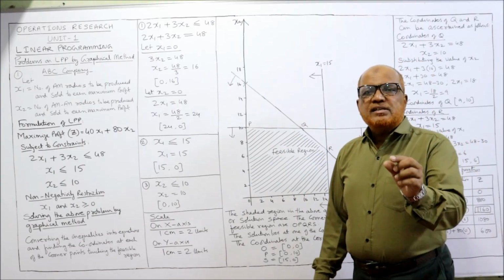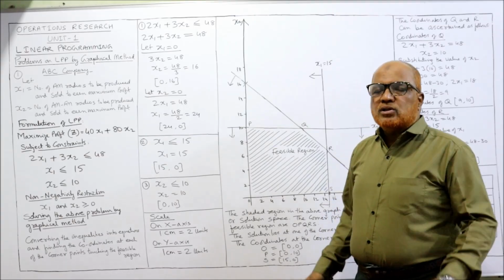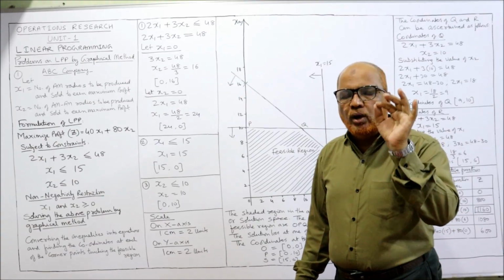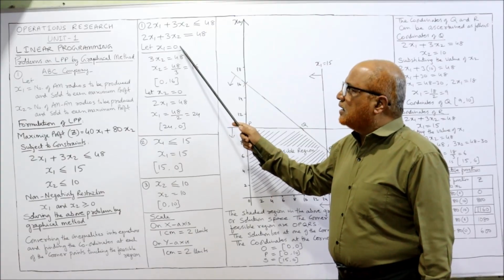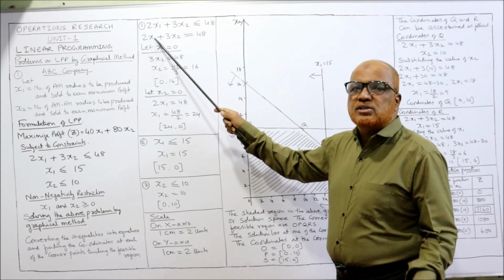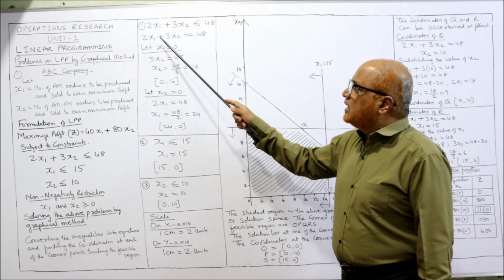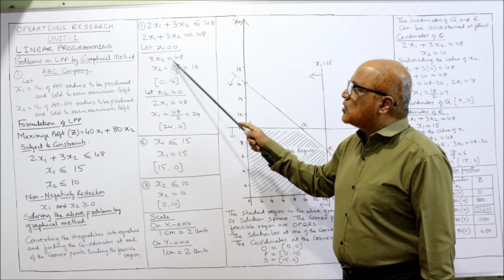Now, suppose X1 is equal to 0, because we think that we are not going to make AM radio. We are going to make only FM radio. So if X1 is equal to 0, 2 into 0 will be 0, so 3 X2 is equal to 48.